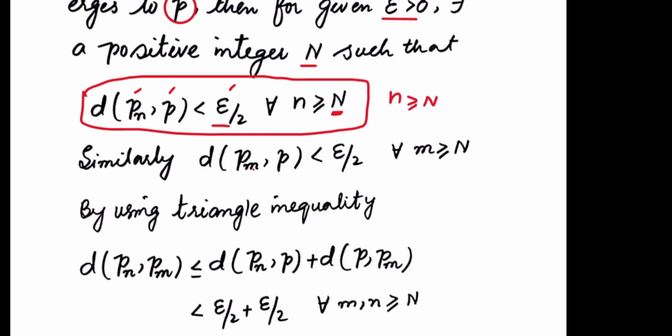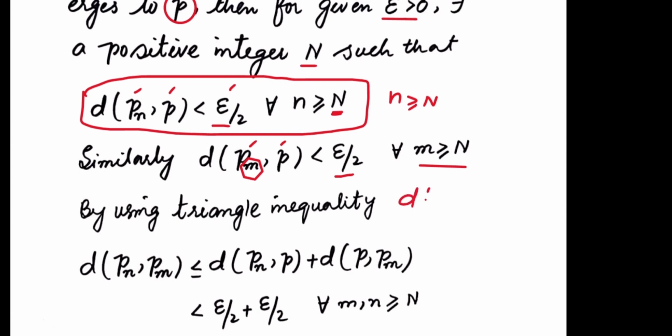If I take the suffix m, and m is also greater than or equal to N, then this definition also holds for Pm. Similarly, the distance of Pm from its limit P will always be less than epsilon by 2. I have to show Pn is a Cauchy sequence.